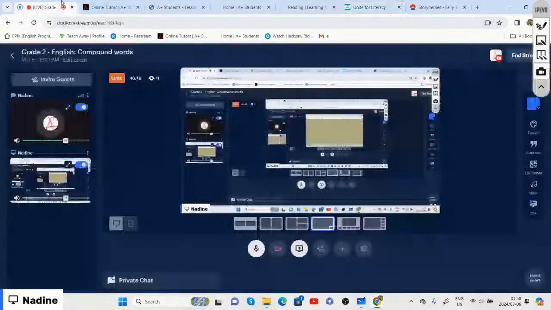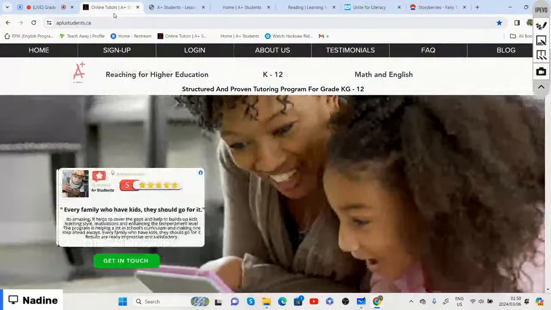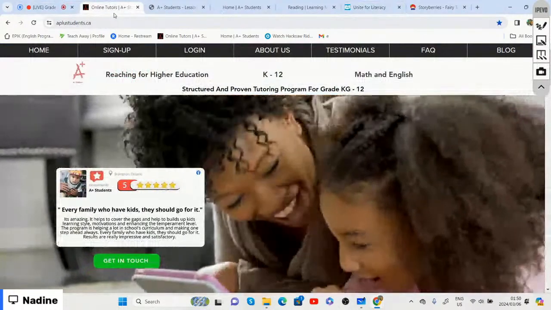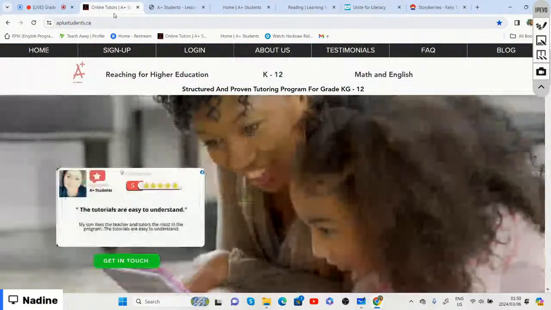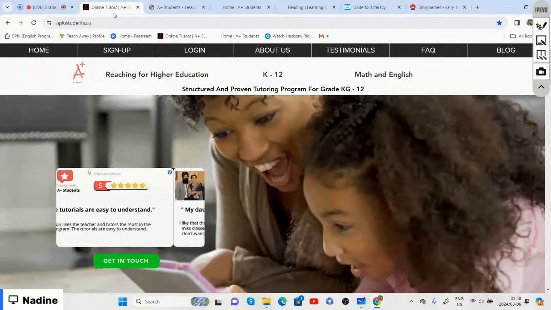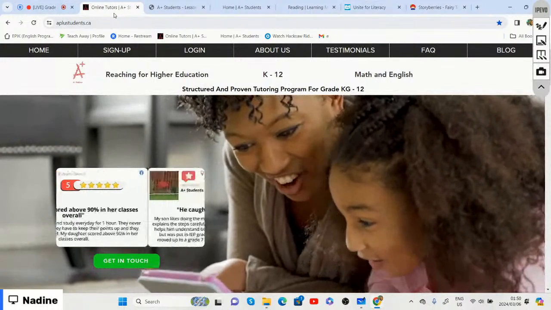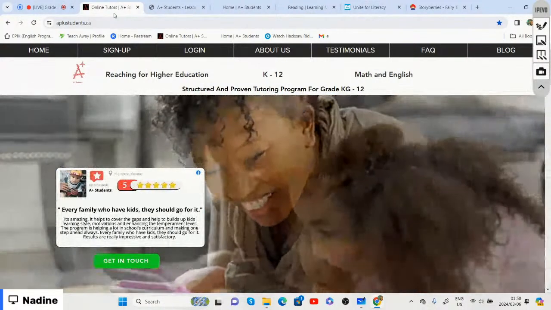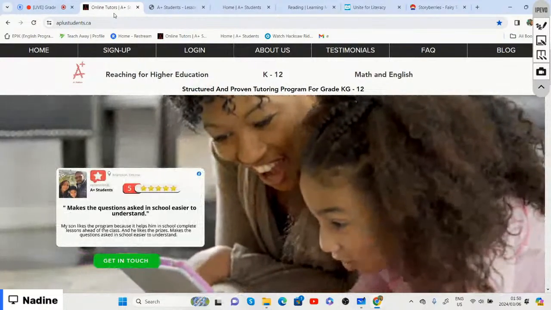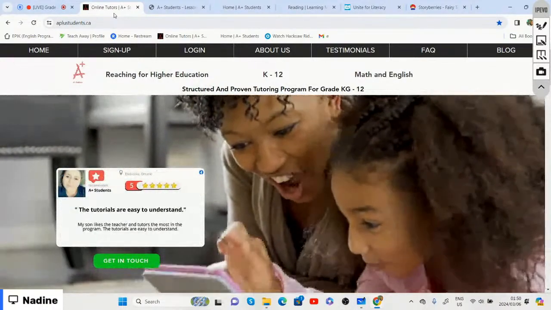All right, so that is basically our reading piece on What Happened to My Paletas. We did compound words, and we said compound words are two small words added together to get a bigger word. If we don't know the meaning of that big word, we can look at both of the small words to find out what the meaning is.